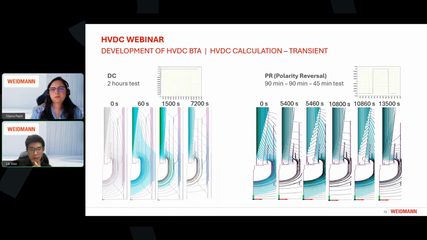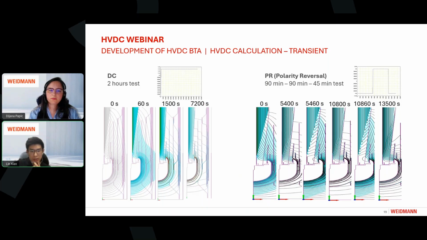So just now we were talking about the steady states. Now let's focus on the transient situation, because an HVDC transformer needs to withstand the DC 2 hours test and also the polarity reverse test.